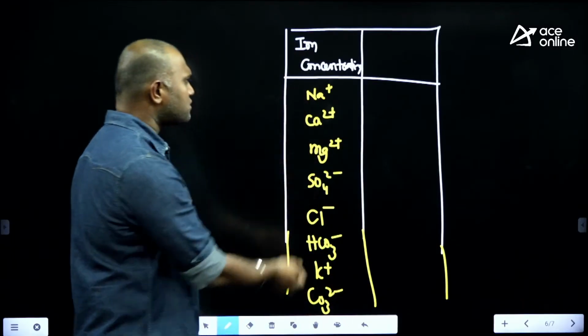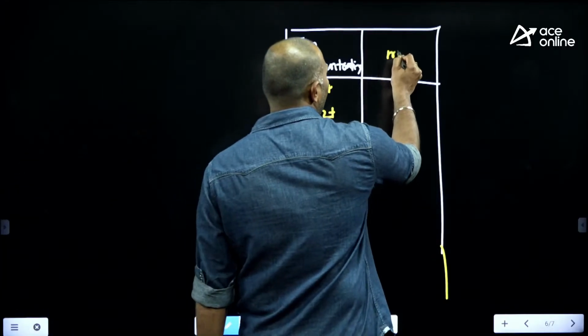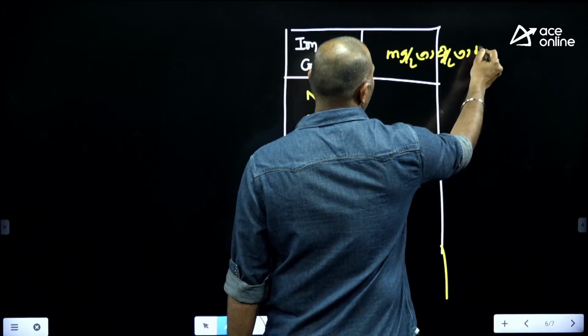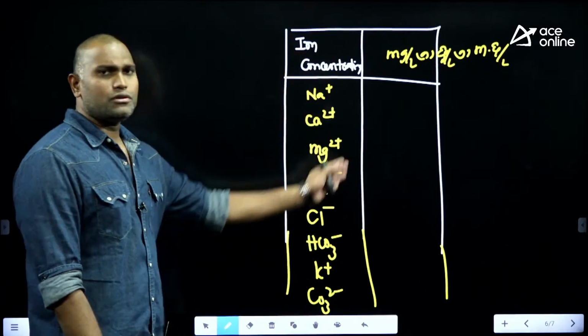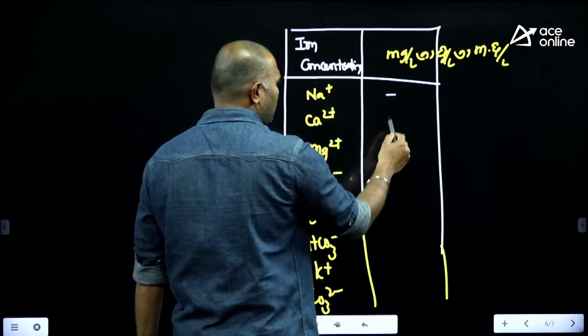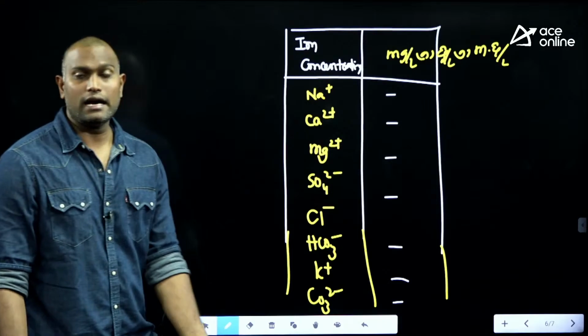I'll give lots and lots of ions and their concentrations, either in mg per liter, equivalent per liter, or milli equivalent per liter. After giving all these, I'll ask you the alkalinity and hardness.